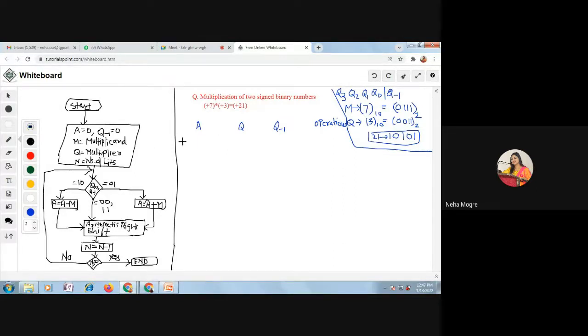Now first step: the value of A is initially 0, so in 4-bit form I am writing all 0. Is that okay?